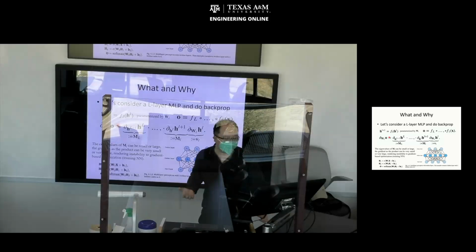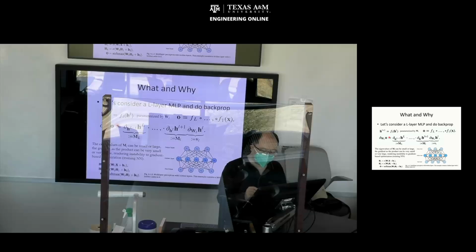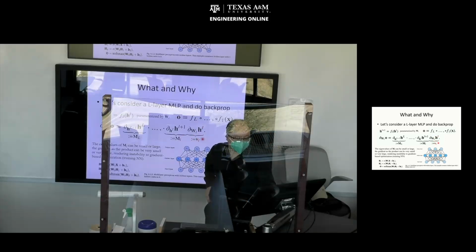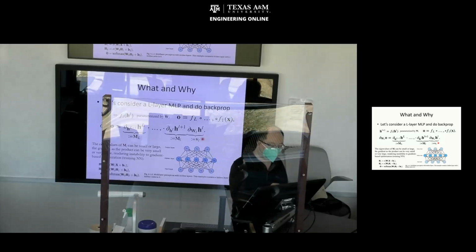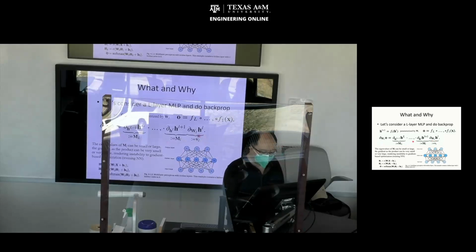Now let me denote each of these as a matrix M sub index. This could be M sub capital L and L minus 1 all the way to M sub L. And the last one is a vector, so let's just call it V sub L. So now let's look at this gradient as a product of some matrices and a vector.